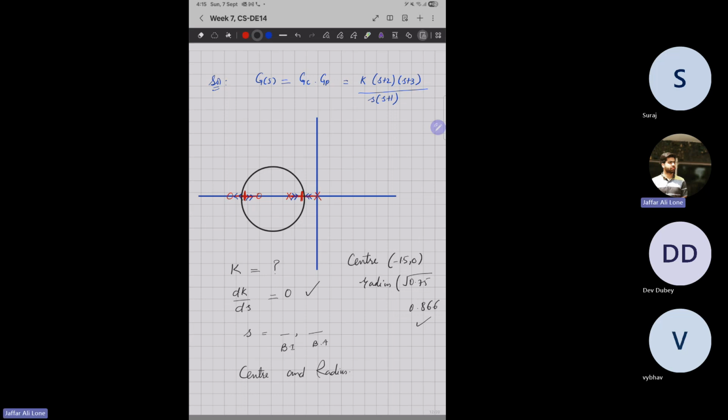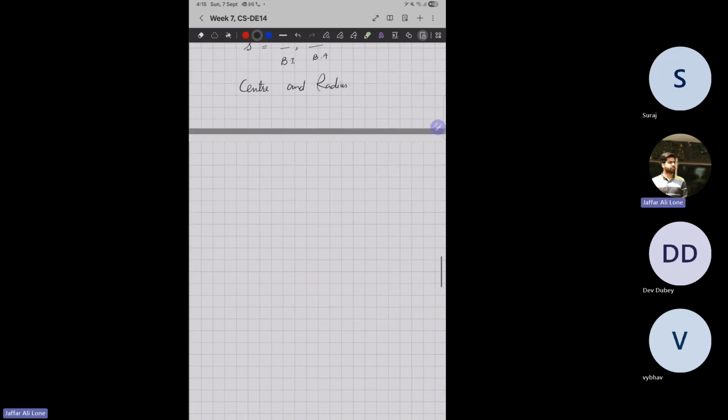Now let's solve one last problem for the day, where again this complex stuff will come into the picture, right? One last question for today, which I would solve quickly, assuming your things are very clear.